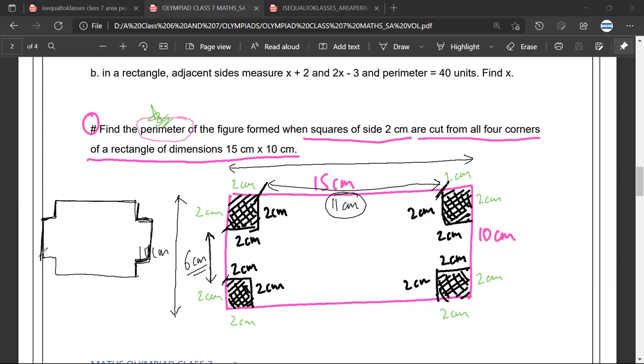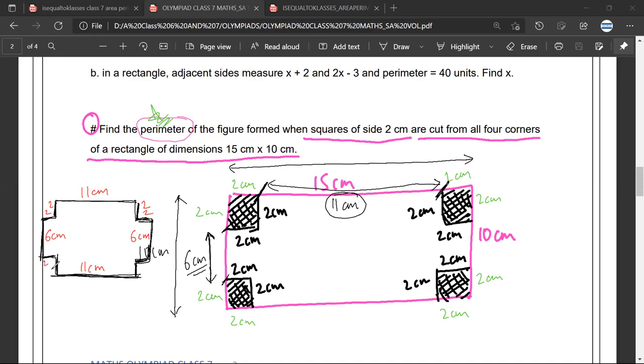Okay. Now, can you tell me how to find the perimeter? Yes, sir. We'll find the perimeter with the new dimensions. How to find that?